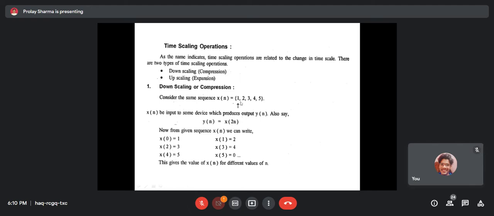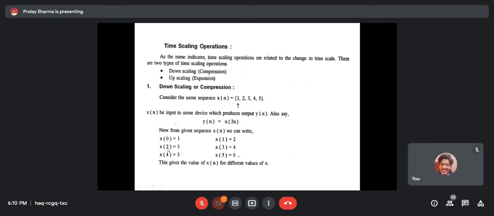So we know that this is the first sample 1, 2 is the second sample, 3 is the third sample, 4 is the fourth sample, 5 is the fifth sample. We can designate each and every sample this way. x[0] is 1, x[1] is 2, x[1] means the sample value at position n equal to 1 is the value 2.